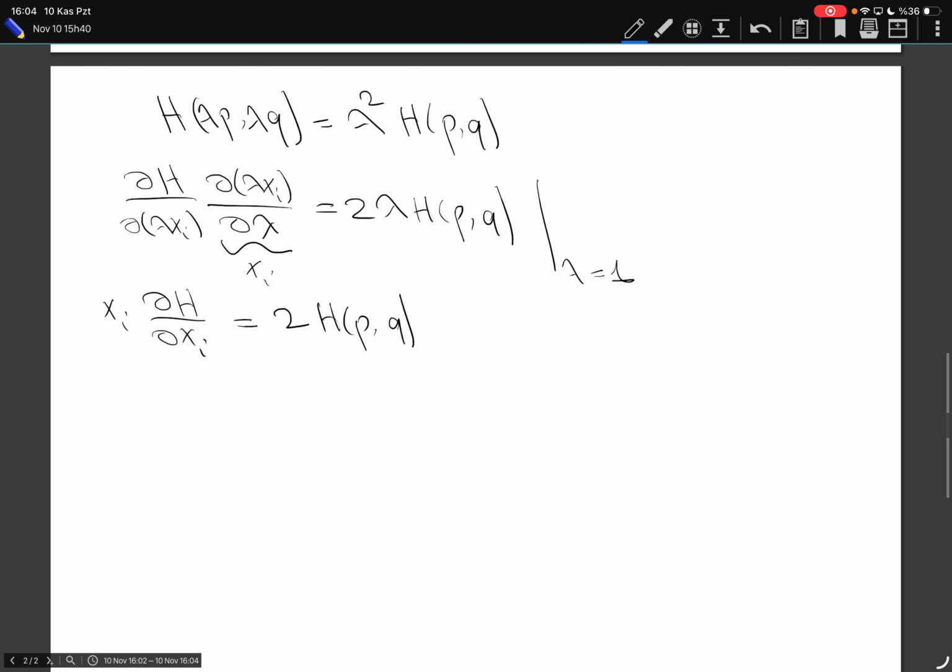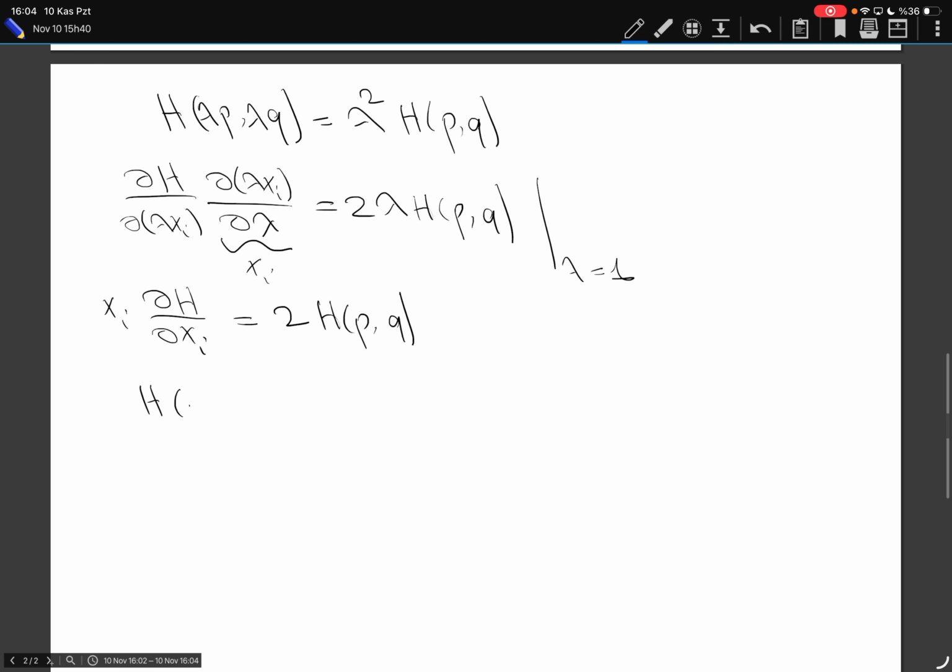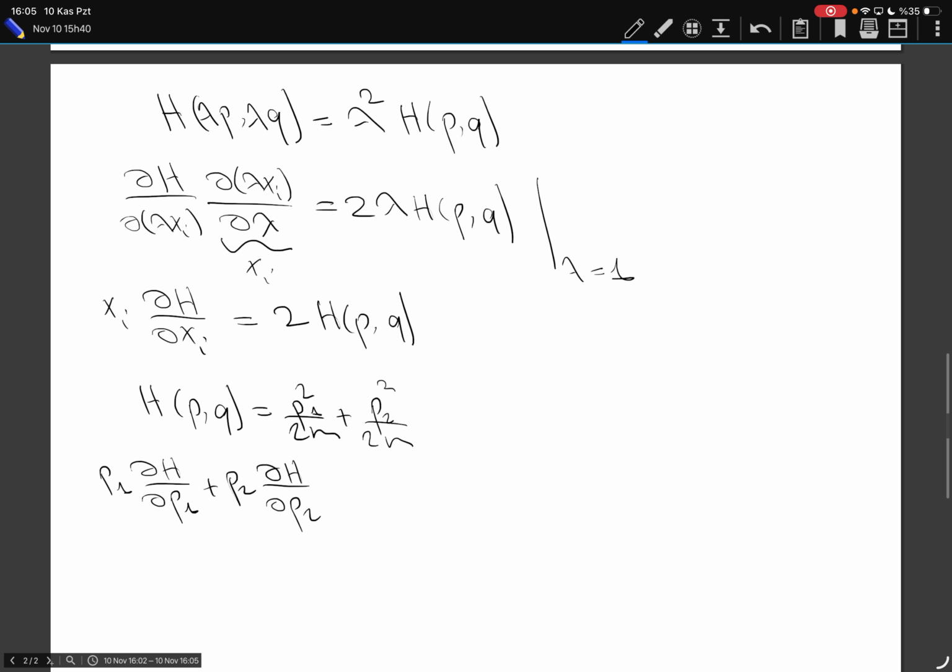Now we can see it as an explicit example. Let's say H is p_1 squared over 2m plus p_2 squared over 2m. Then the only contributing factors here will be the derivative with respect to p_1 and p_2. p_1 times the derivative of the Hamiltonian with respect to p_1 plus p_2 times the derivative of the Hamiltonian with respect to p_2.